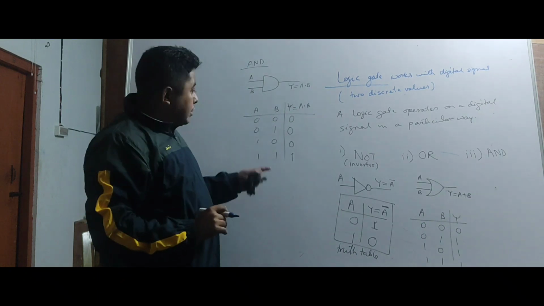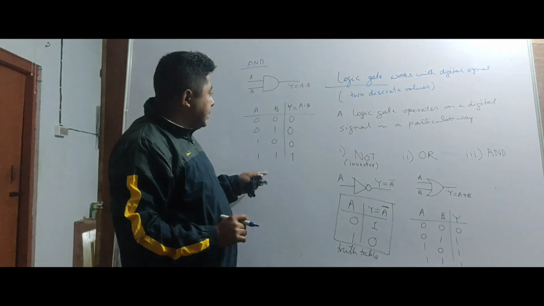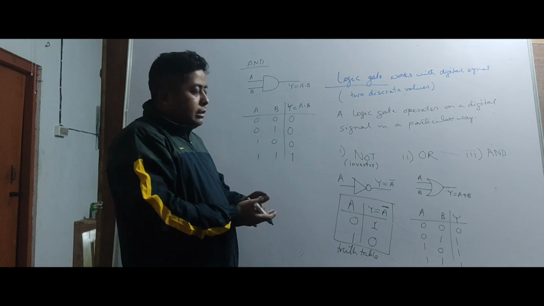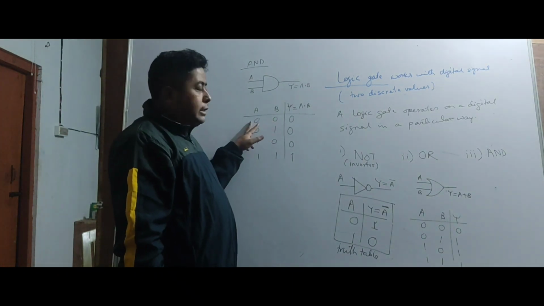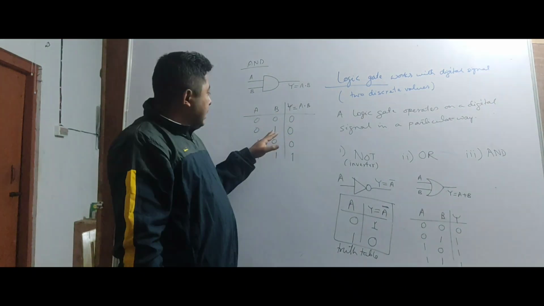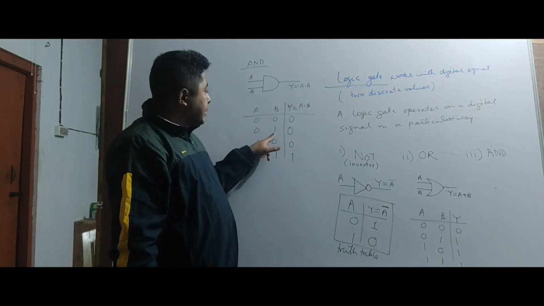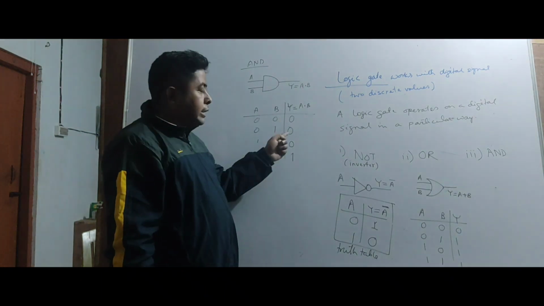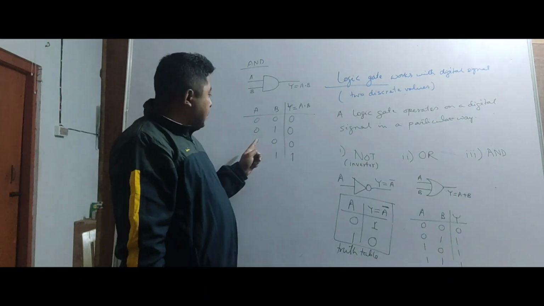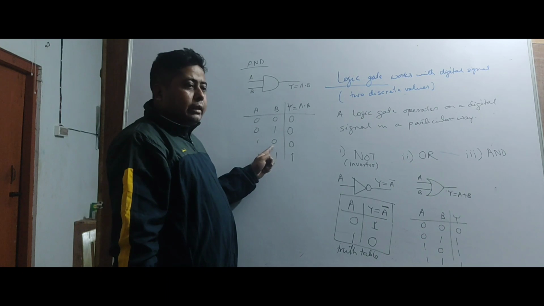Okay. So how can you remember this? Very easy. You just think about the practical and theory marks. Suppose some student fails in practical, fails in theory, he is going to fail. If he passes in any one of them, say practical he passed, but theory he has failed, so he is going to fail. He has passed in practical but failed in theory, he failed.